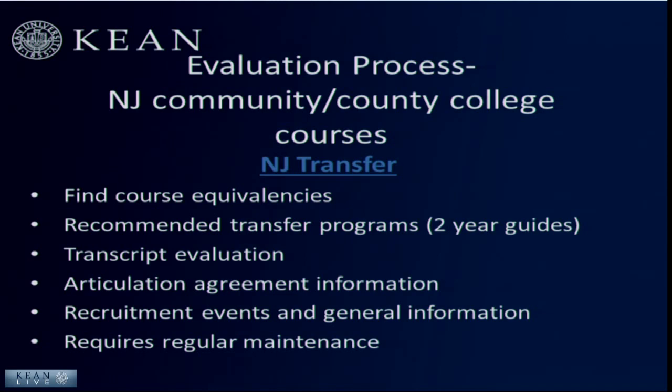What we're doing with this, though, we need help. We are not the subject matter experts by any means, so we're reaching out to the departments on a regular basis to not only update these 2-year programs, recommended transfer programs they're called, but we're also reaching out to you for these course equivalencies. We get a weekly list from NJ Transfer for all of the courses.